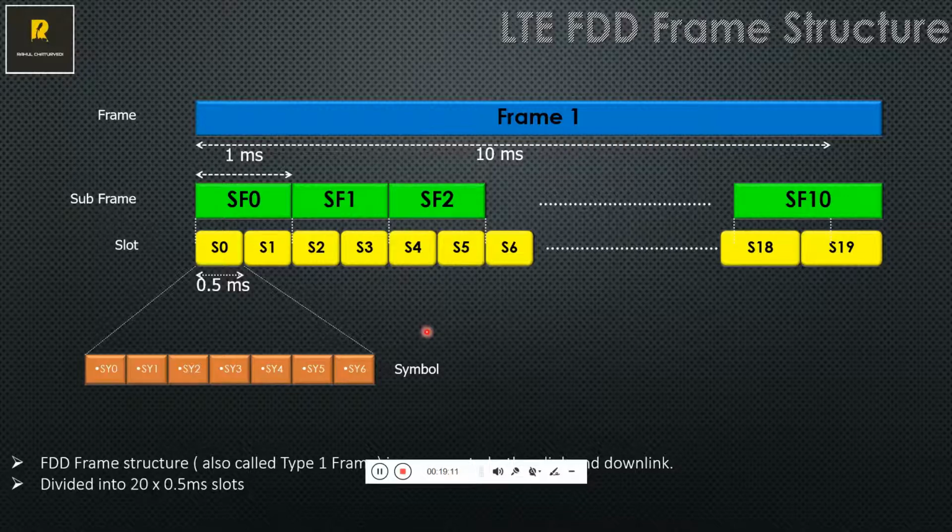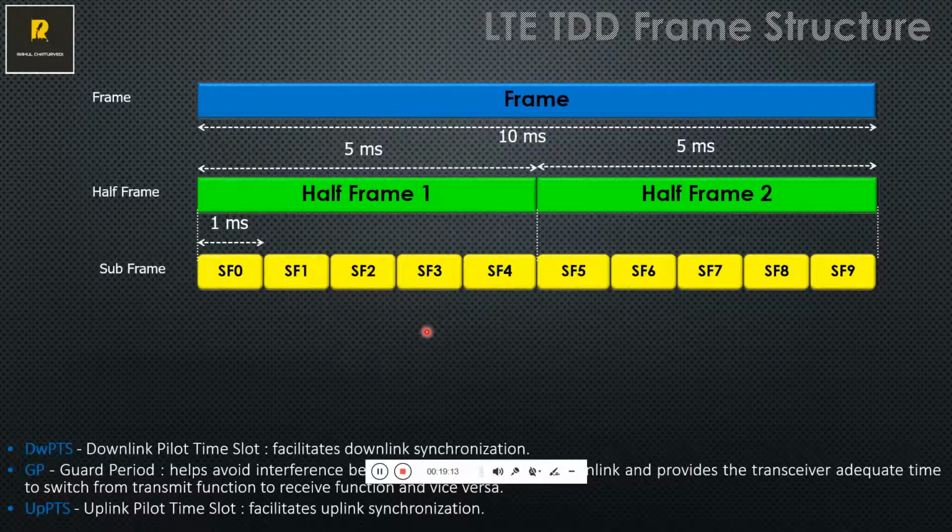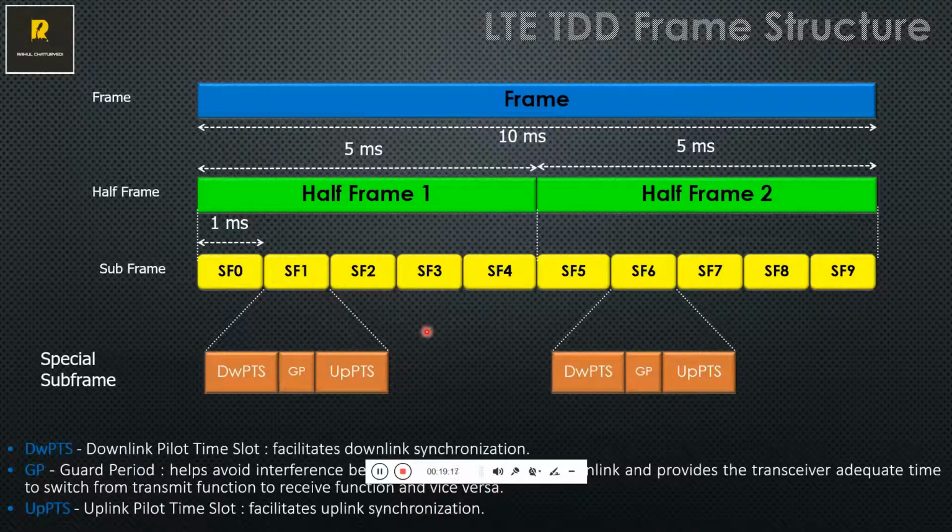Coming to the TDD frame structure now, it is the same frame structure, but it has the DwPTS, that is the downlink pilot time slot, and the uplink pilot time slot.